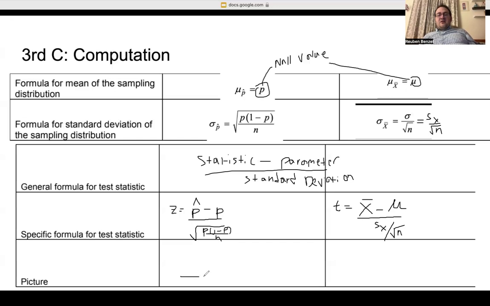And just remember that you want to be having your picture as well. So if you're doing a z-score, it is a normal distribution. So you're just going to use n, and you're going to do your mu of p hat and your standard deviation of p hat.